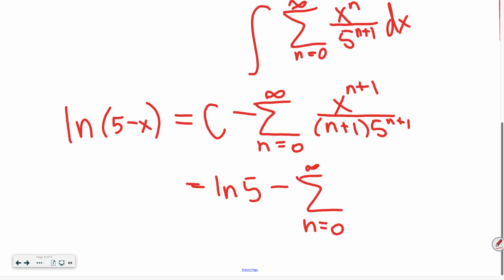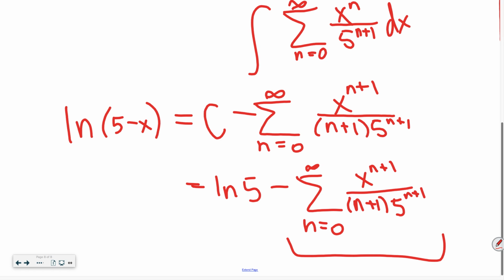This is like one of the rare times you would have a c value that's not 0, mainly because we're working with the natural log of 5. I just found our plus c. If I plug in x is 0 to all of my x's, this is 0, and I get c equals the natural log of 5. So I just solve for c.